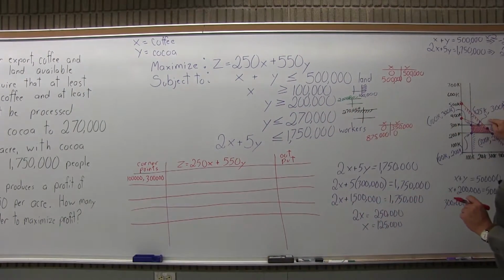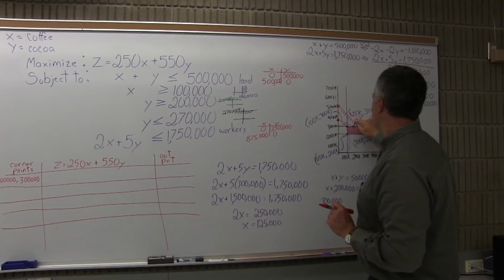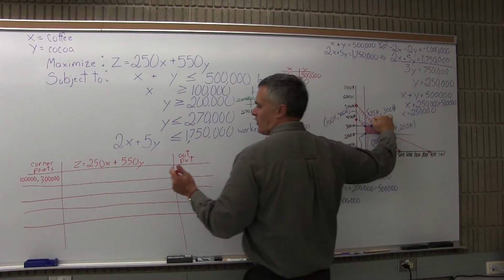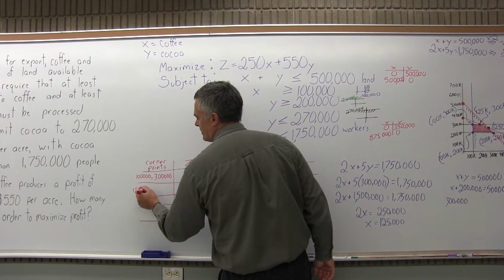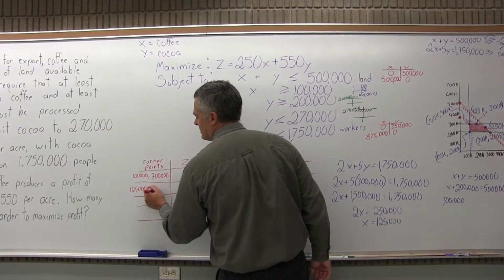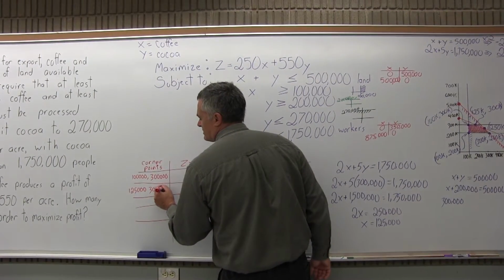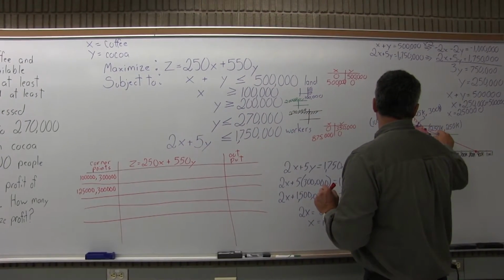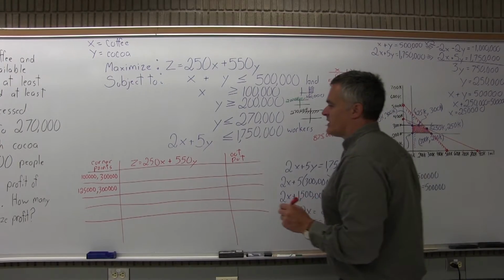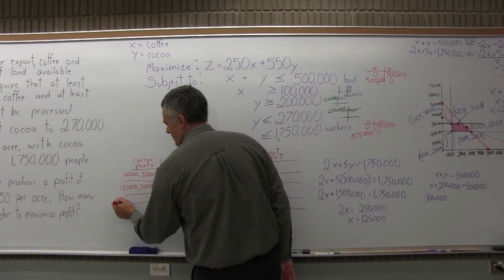The next corner point coming around is 125,000 for x and 300,000 for y. And then I have another corner point at 250,000 for x and 250,000 for y.